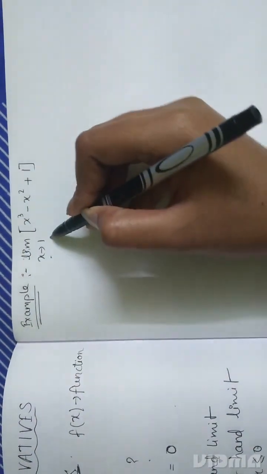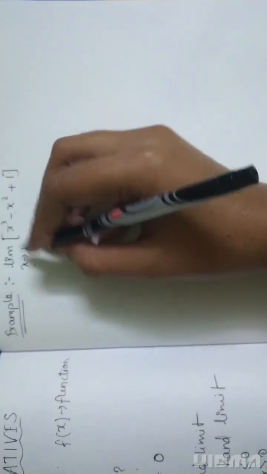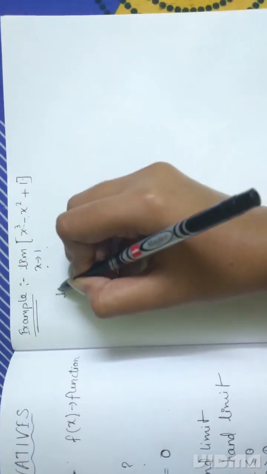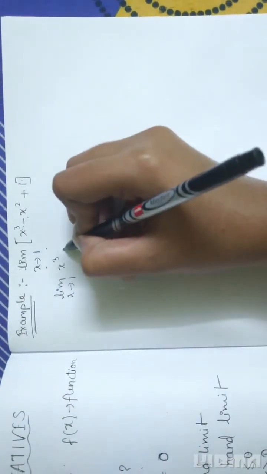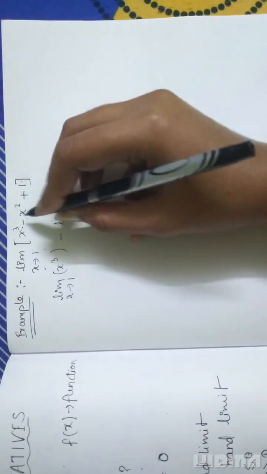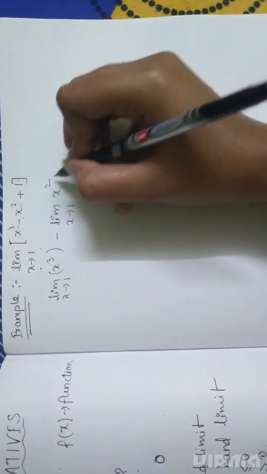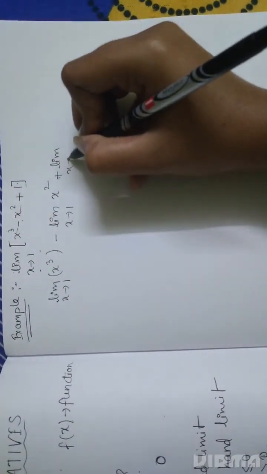Limit x tends to 1, x cube minus x square plus 1. Now let us use the first theorem. Limit x tends to 1, x cube, minus, it is our second theorem, limit x tends to 1, x square, plus limit x tends to 1, 1.